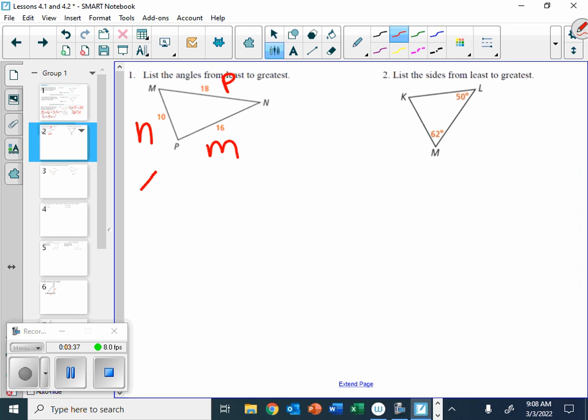So that means angle N is the smallest. What angle is next? M. Good, because that side is 16. And then that leaves me with P.